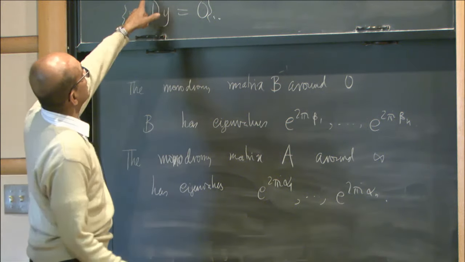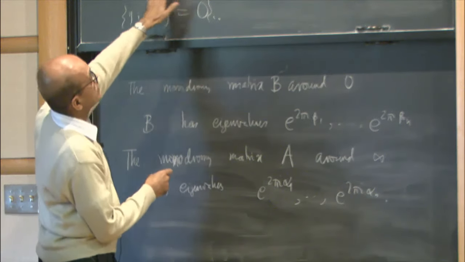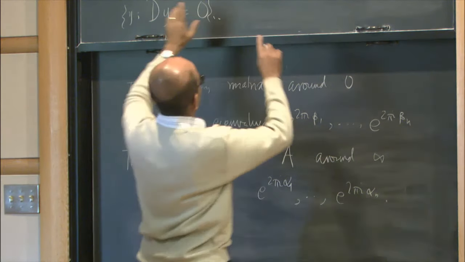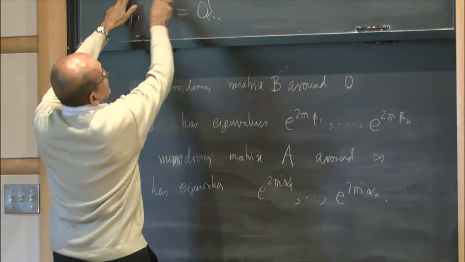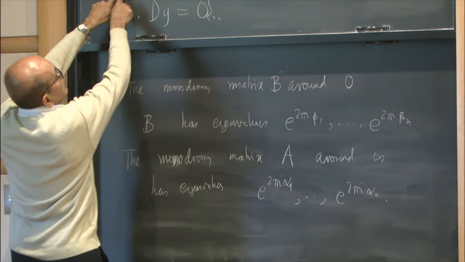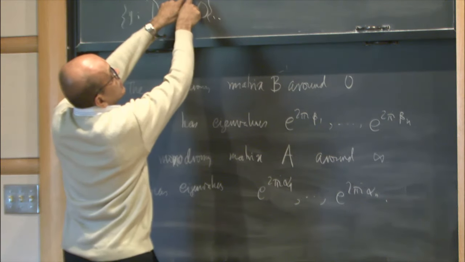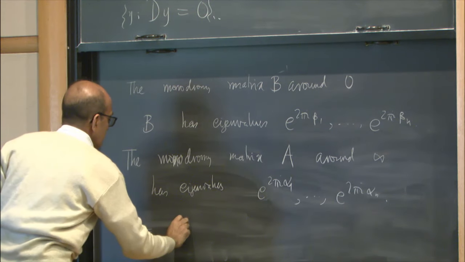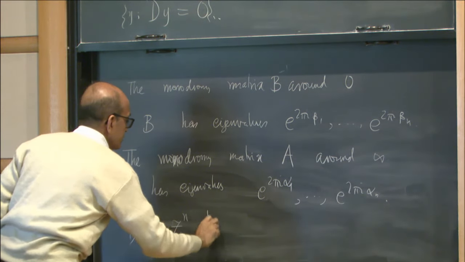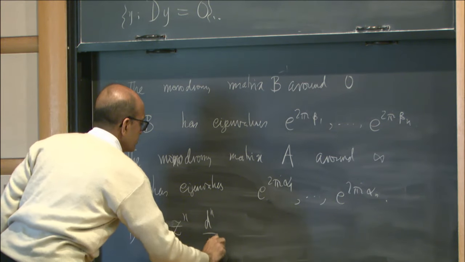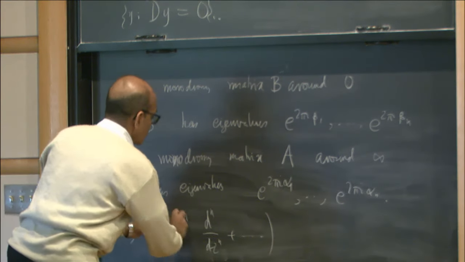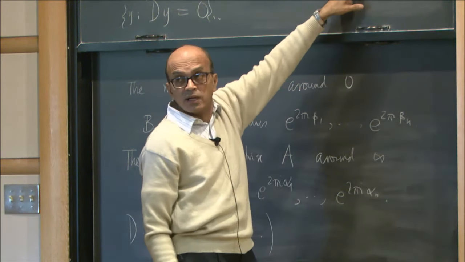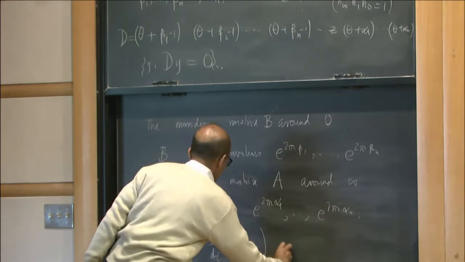Okay, but let me write out this differential equation at least for z equal to, let me just look at the nth order term. I have z d by dz here, z d by dz here, and so on. So the highest degree term looks like z to the n plus lower degree polynomials, and here I have the same, except that the highest degree term is a bit more.